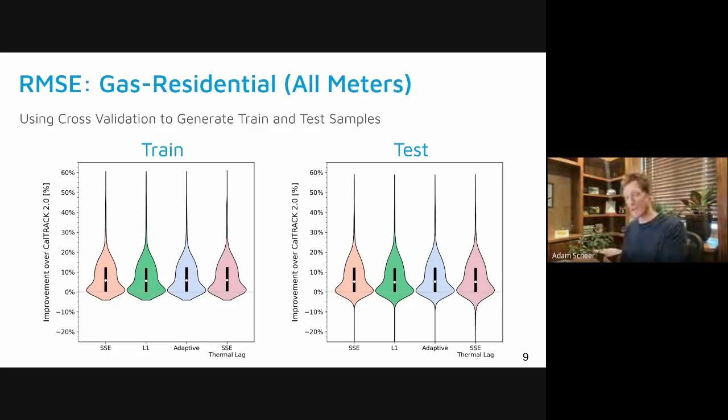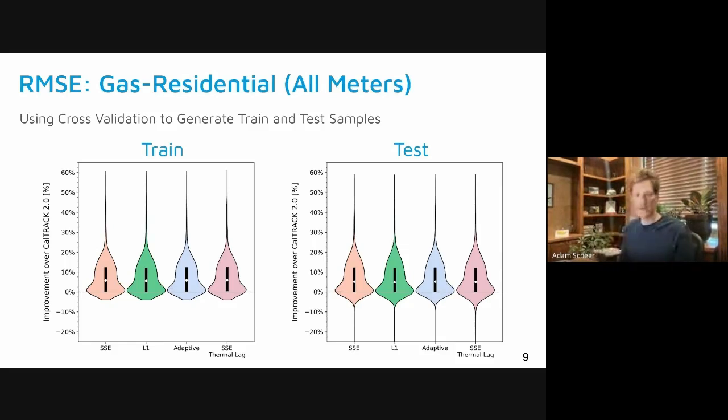So when we take the model developed on the training data and apply it to the data that's been withheld as test samples within the cross-validation scheme, we see the distributions shown in the right-hand graph. Looking at the sum of squared errors component of this violin plot, we see a fairly similar distribution, which is a good sign that we're not overfitting the model too much.